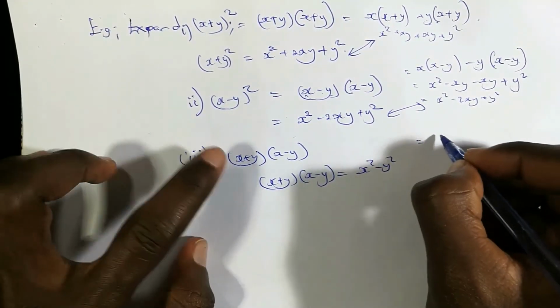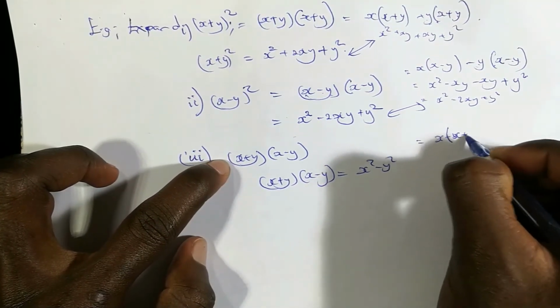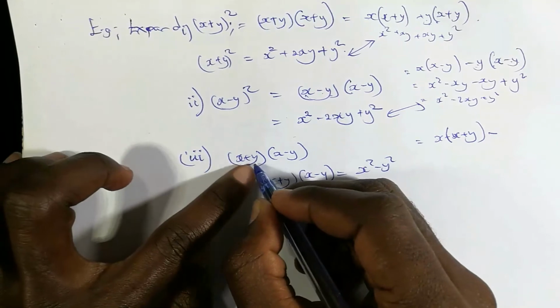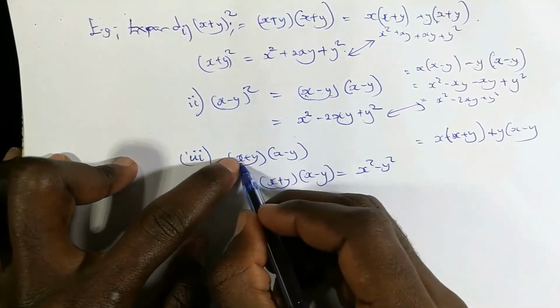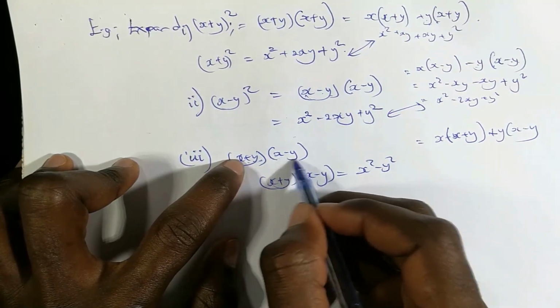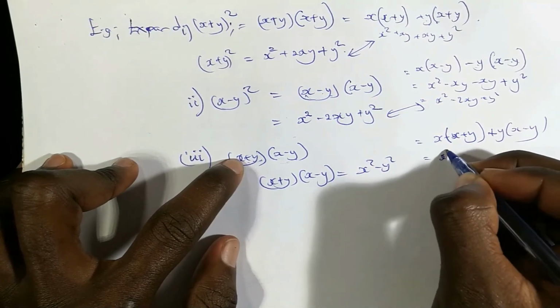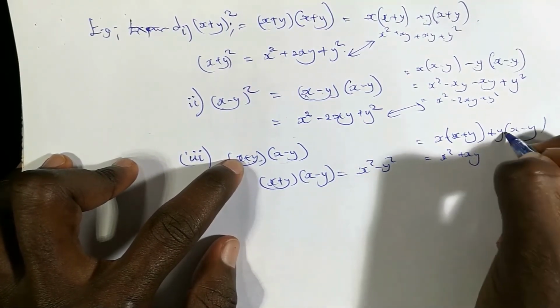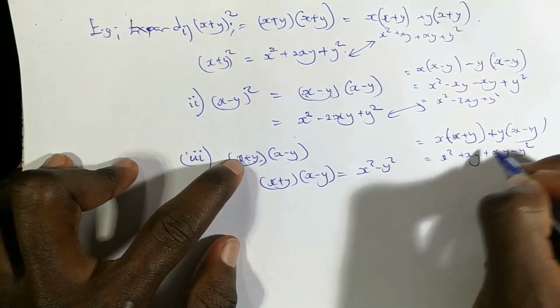If you use the normal way, x plus y is x into x minus y, then plus y into x minus y. Each term in the first expression, I'm applying the second expression, so that here we'd have x squared plus xy, here also plus xy, then that minus y squared.